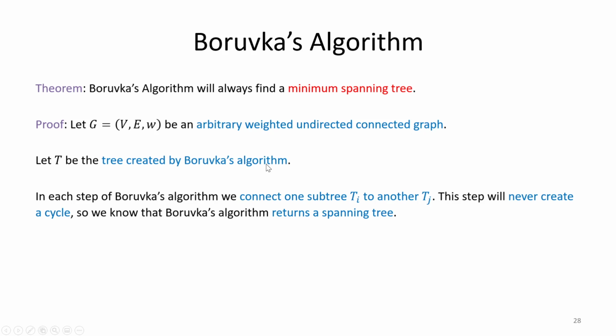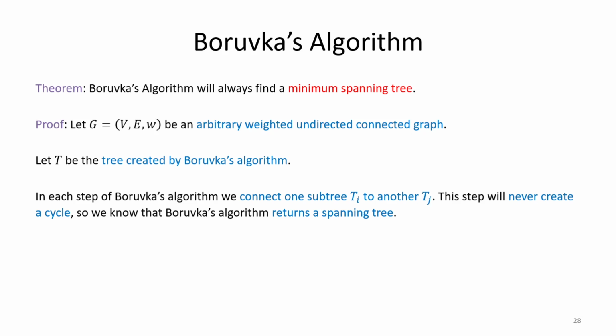Now, remember, we have 2 steps here. One is that we want to argue that it is going to return to us a spanning tree, and that's the validity criteria, and then the optimality criteria is that it's the minimum spanning tree as well. Okay, so again, the validity part is just arguing that we don't ever introduce any cycles.